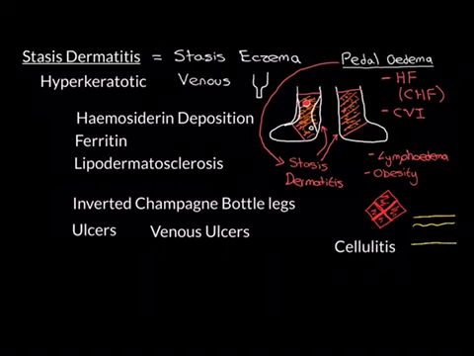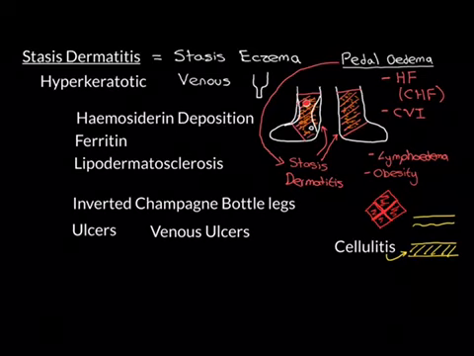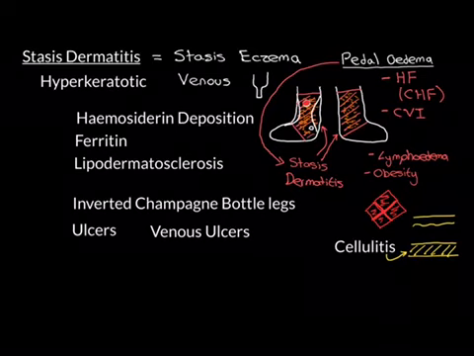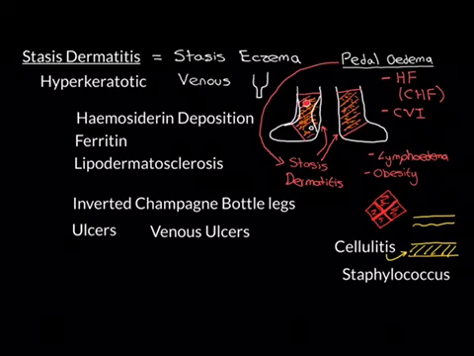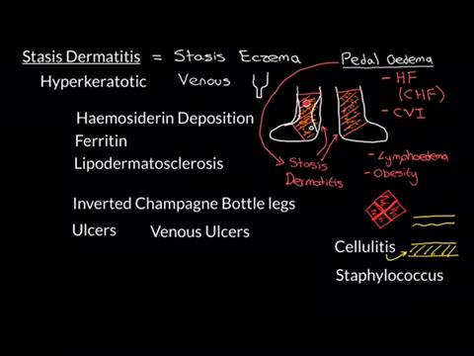Then underneath that you have the dermis, and then underneath that you have the subcutaneous fat tissue here. Cellulitis is an infection of the subcutaneous fat tissue, and usually it is caused by the bacterium Staphylococcus. So Staphylococcus is the usual culprit in cellulitis, although sometimes it can be Streptococcus. Staphylococcus aureus, though, usually is the main bug that causes cellulitis.